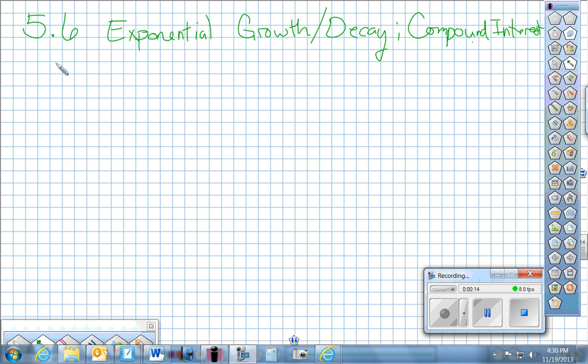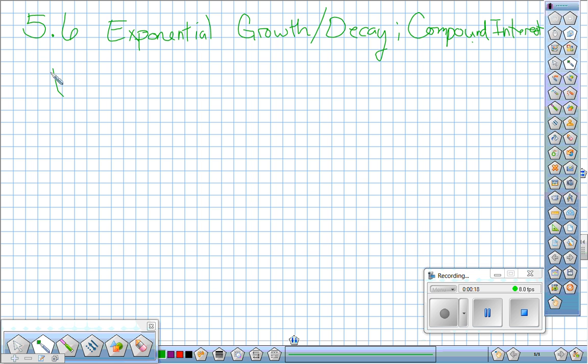Okay, population growth can be modeled by the function P of t equals P sub 0. P sub 0 just always means your initial, anytime you see a sub-zero, times e to the kt, and k has to be greater than 0, just for our function.